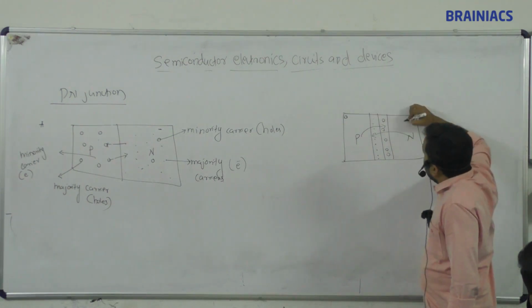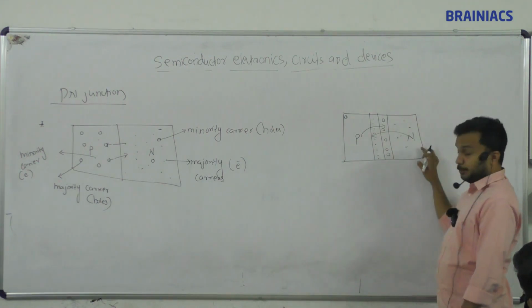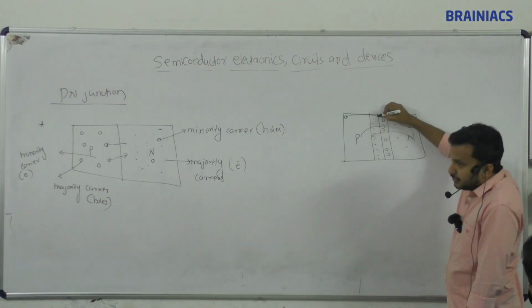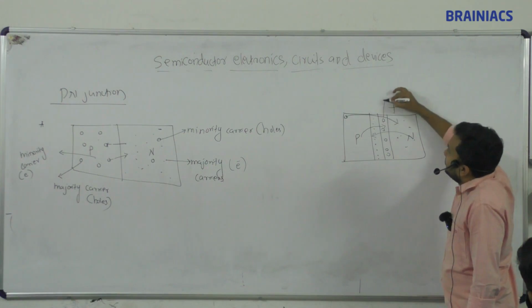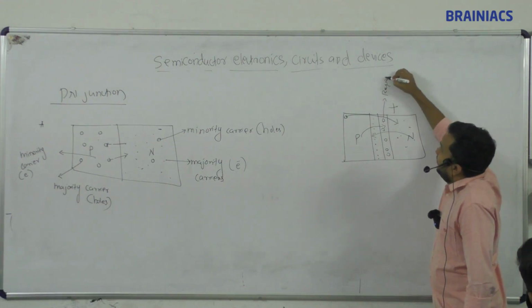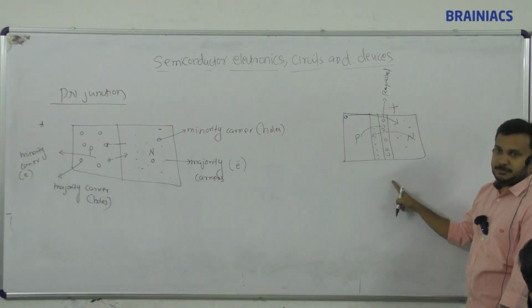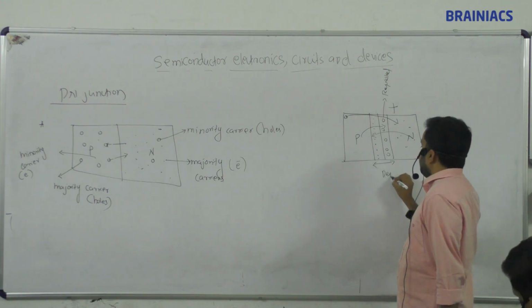Because electron concentration here will be very high, very much push or pull will be there towards the center. So whenever this hole is trying to cross this region and come to this region, it is not possible. Why? Because this hole will get repelled, because already a sequence of holes will be formed. And this region is called what? Depletion region.